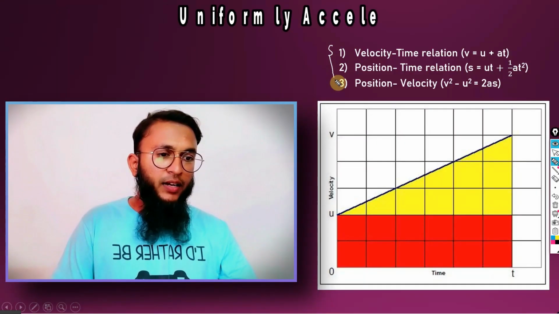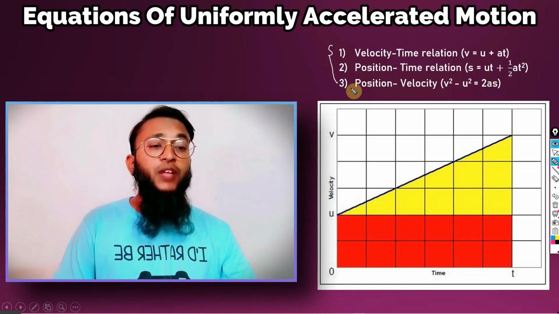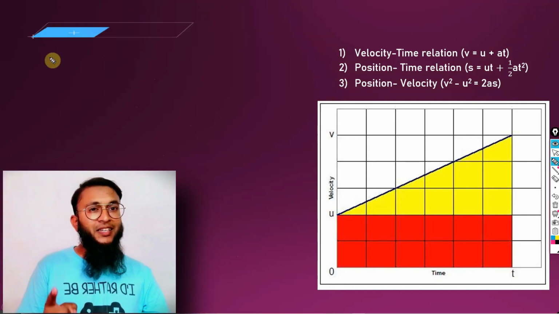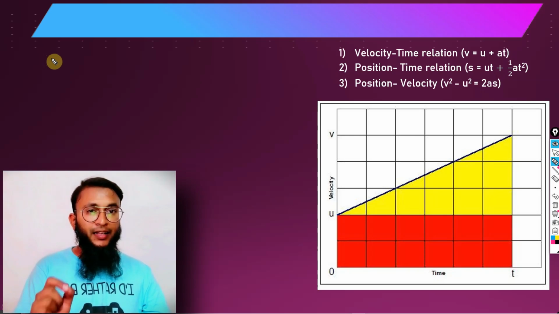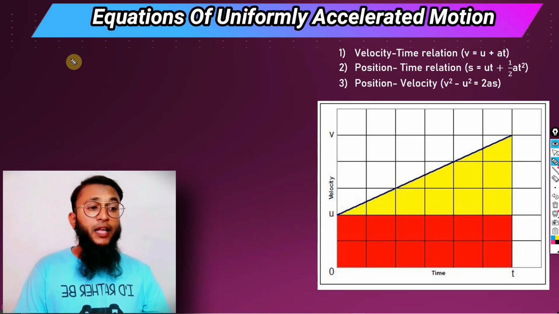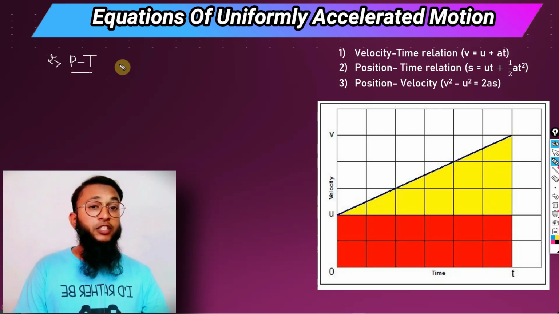These equations are velocity-time relation, position-time relation, and position-velocity relation. So let's now look at the second equation, which is position-time relation, generally referred as position-time relation PT.